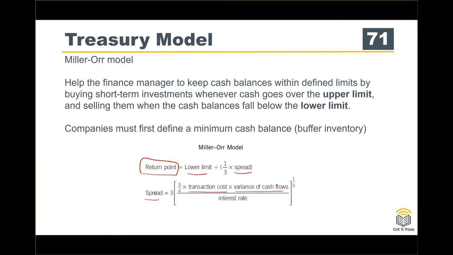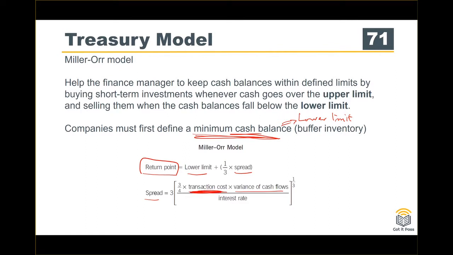The lower limit is the minimum cash balance. It's given by your company or by yourself. Then based on the information in the market, for example, the transaction cost on borrowing is given in the market, you can find it.